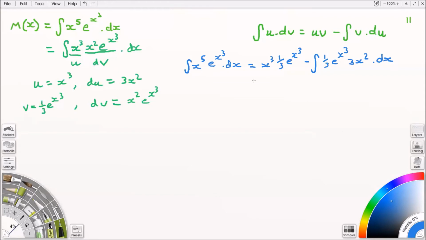So now this technically is our integral here. However, we can simplify this. When doing this, I usually like to just bring the constants out the front. It just tidies it up a bit, really.